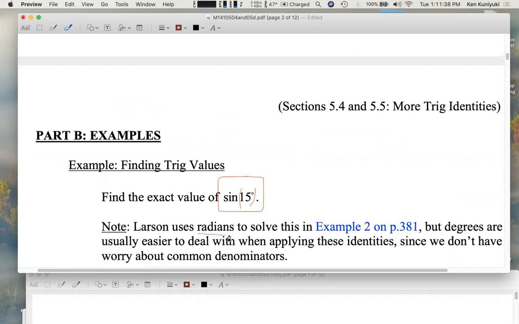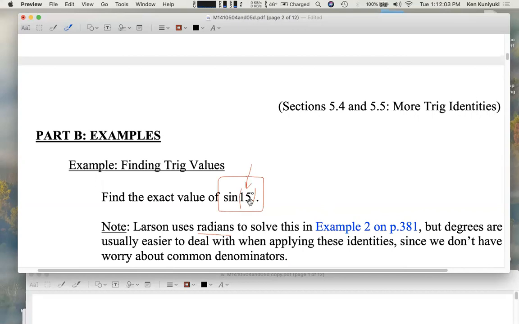You could use radians, but remember that it's sometimes hard to apply arithmetic to radian measures, like pi over 4 or pi over 3. Students often have a hard time adding or subtracting fractions with pi in them. I hope you can do that, but you may find that in many of these problems, it will be easier to work in degree measure, like 15 degrees.